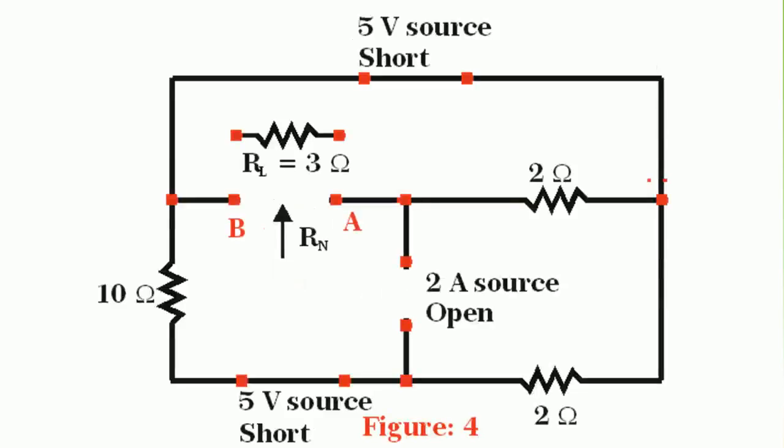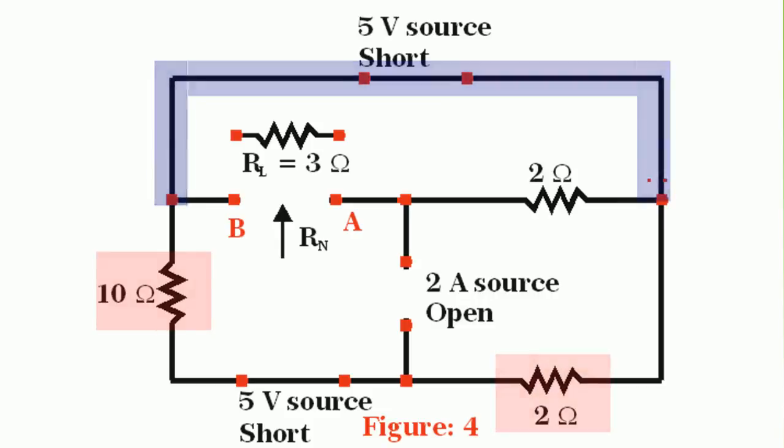Hence, by making all sources 0, the circuit drawn is shown in figure 4. Now friends, keenly observe the network. You find that 10 ohm and 2 ohm resistances are short circuited.